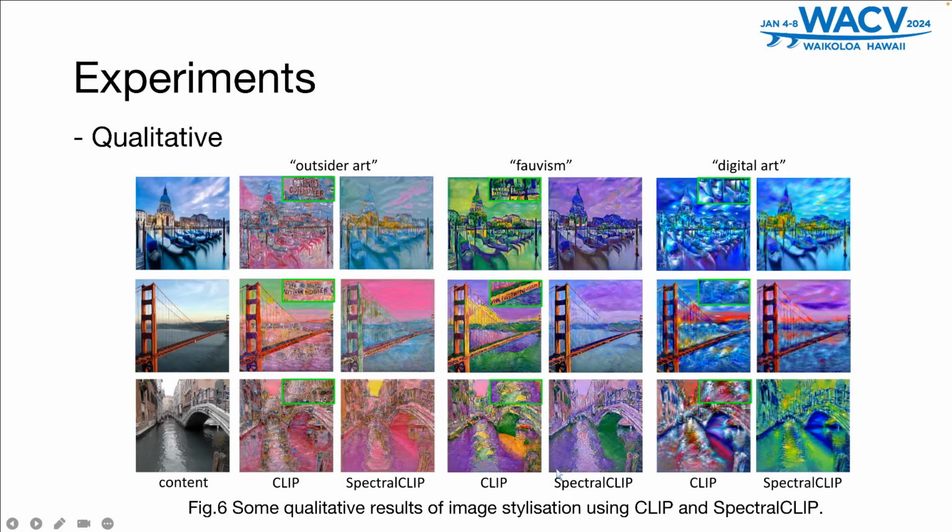Here, we show some of the qualitative results of image stylization using CLIP and SpectralCLIP. As we can see here, using CLIP leads to artifacts spread over the whole image, whereas using SpectralCLIP can prevent artifacts in the output images while keeping the desired styles.